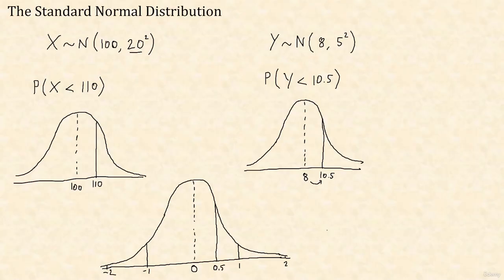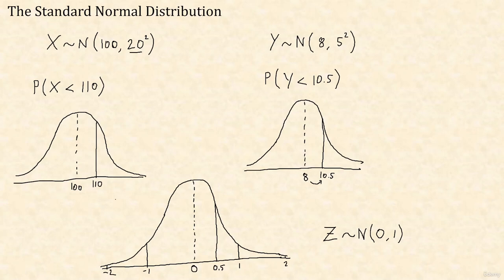So this distribution here is typically denoted with a capital Z, and it is the normal distribution with a mean of 0 and a standard deviation of 1. Our challenge is to transform any distribution we have into the standard normal distribution. Once we have it in a standardized form, we can use tables or a calculator to solve normal distribution problems.